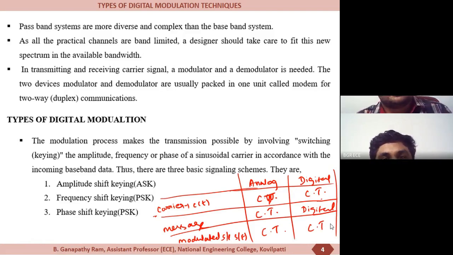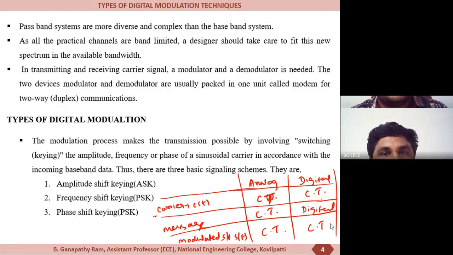We know that modulation is a process of altering the parameters of the carrier with respect to the message signal. So in digital modulation techniques, the modulation also changes the parameters of the carrier, such as the amplitude, frequency, or phase of a sinusoidal carrier in accordance with the incoming baseband data.